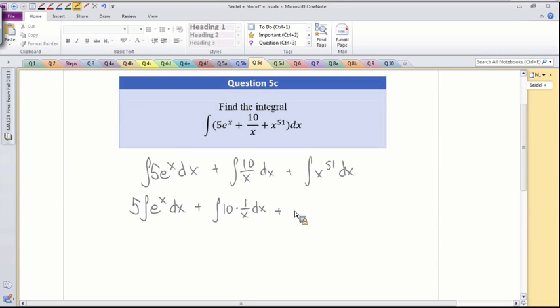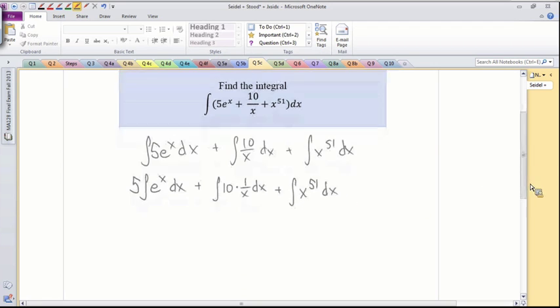And I'll move that 10 to the front, but I'll do that on the next step. X to the 51, we can't really mess with, so we'll leave that as it is. So 5 times the integral of e to the x dx plus 10 times the integral of 1 over x dx plus the integral of x to the 51 dx. So I've changed it sufficiently enough that I can find the integrals just by looking at it.